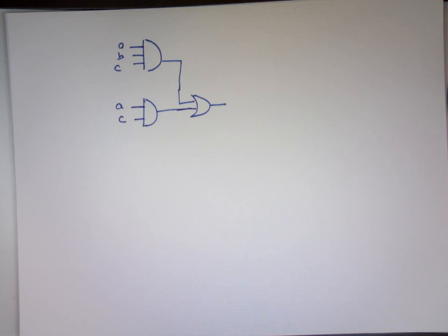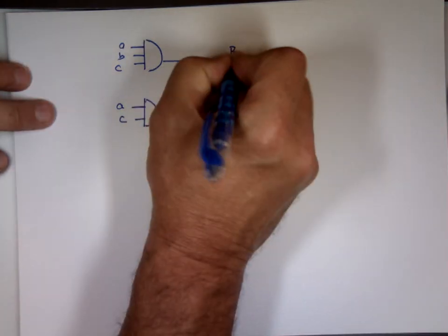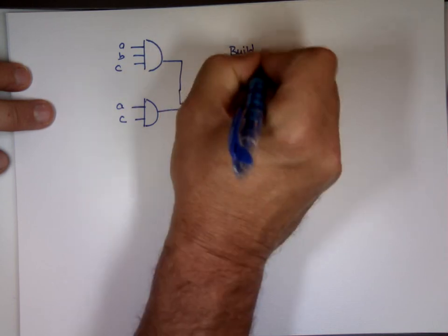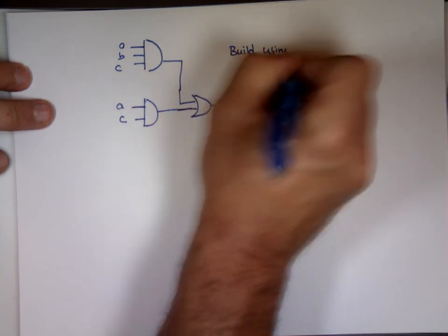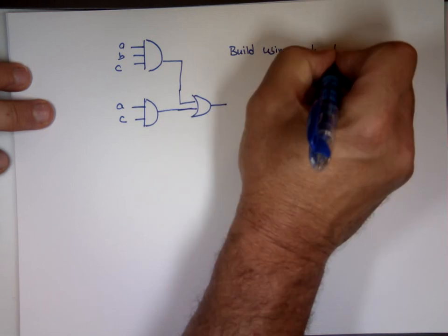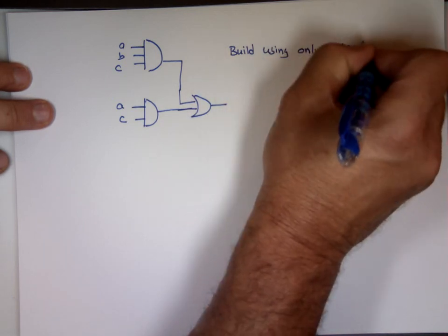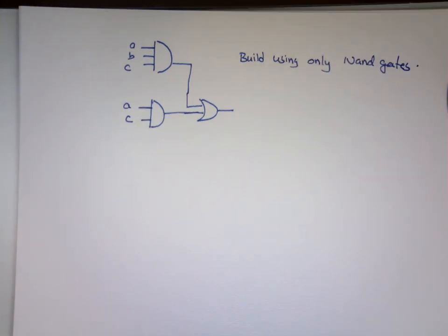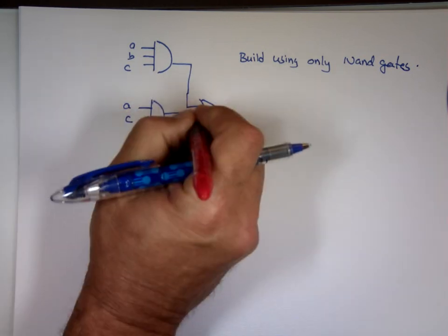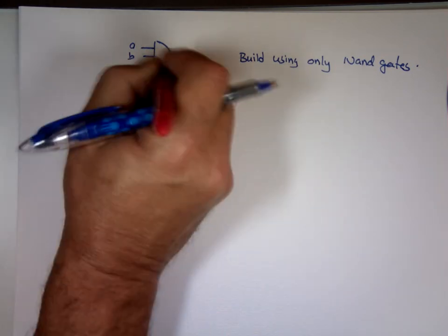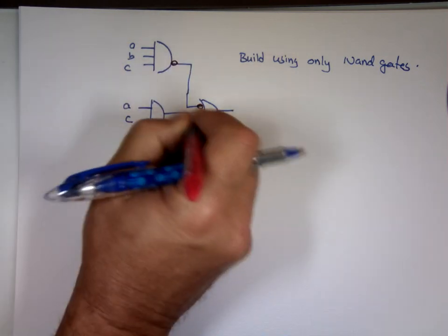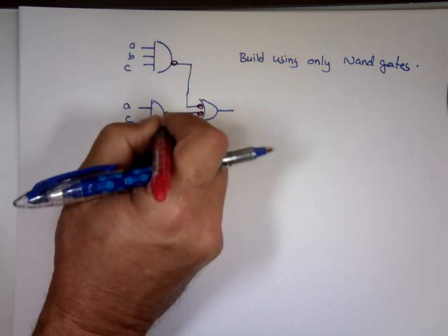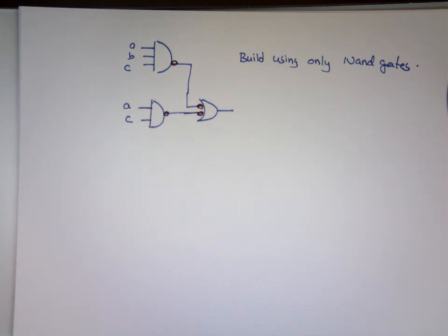I said build using only NAND gates. Again, I'm going to double complement everything. There's what my circuit looks like. So these two are NAND gates already.